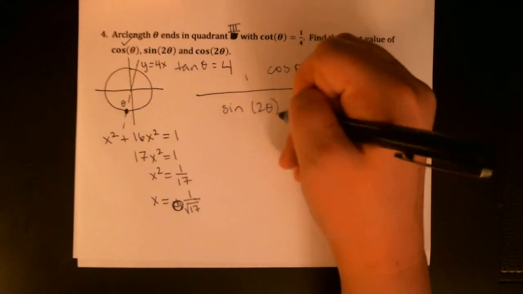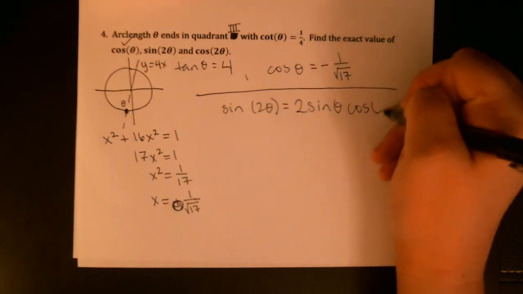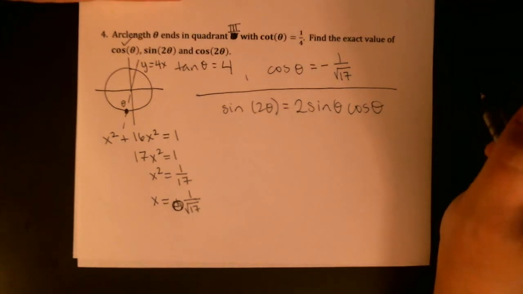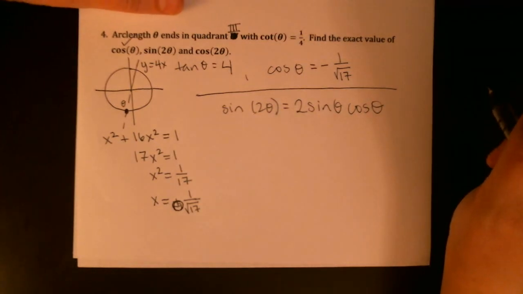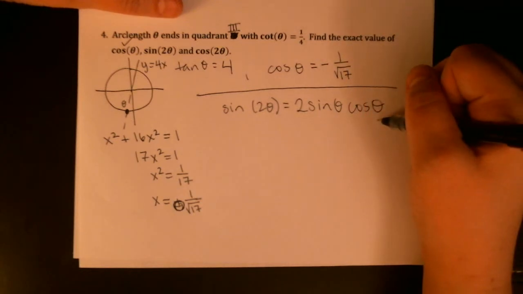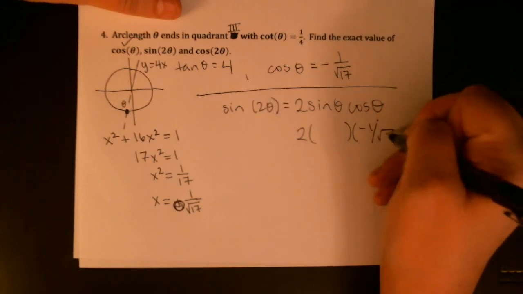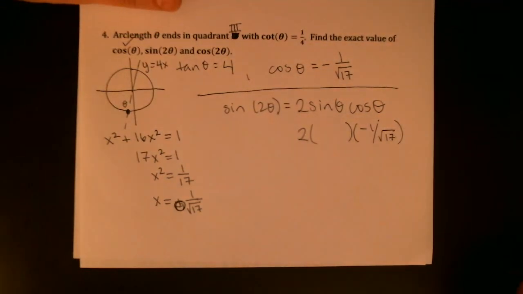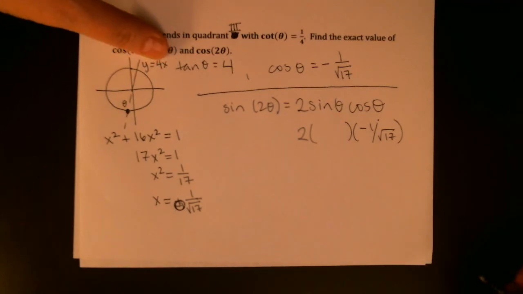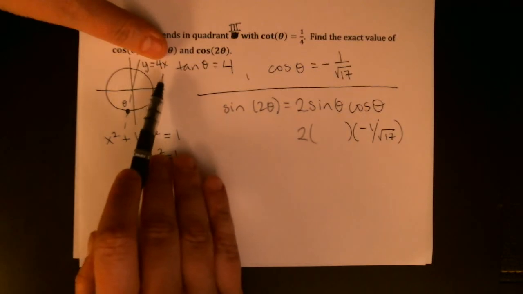Sine of 2 theta is equal to 2 sine theta cosine theta. That's our formula, so we get that for free from our note card. We just figured out that cosine theta is negative 1 over root 17. We need to find our y value. So this is actually not too bad. We just need to go back to the equation for the line. Y is always 4 times x.